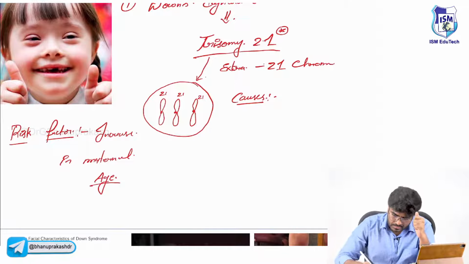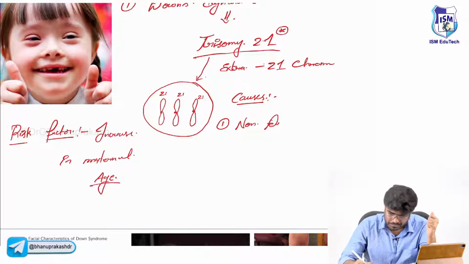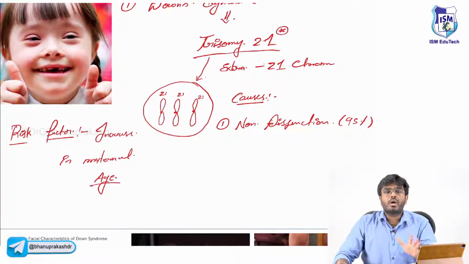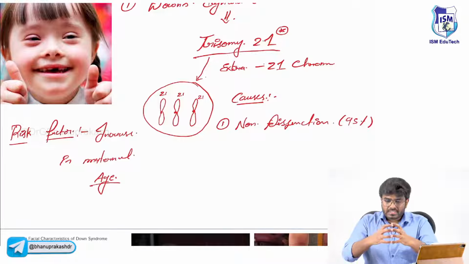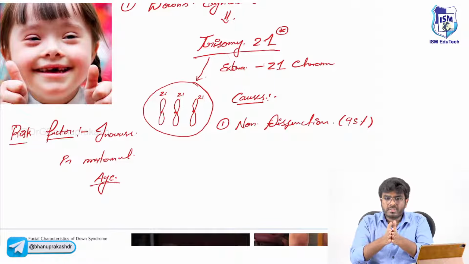The important cause is meiotic non-disjunction, in 95% of the cases. During meiosis, the chromosomes are supposed to separate. The chromosome number should be cut down into half.